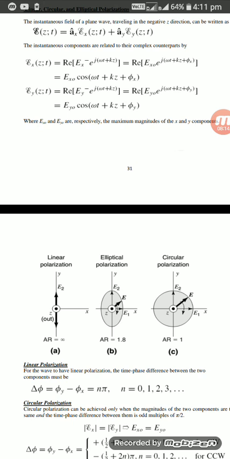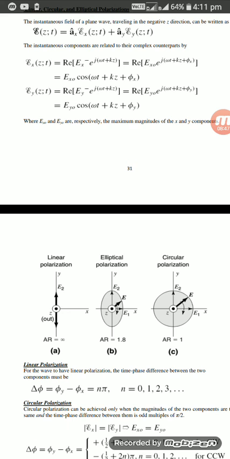For linear polarization we use straight lines, 180 degrees. Okay, next, for elliptical polarization we are using 45 degrees. Next, circular polarization also we are using 45 degrees, but the length of the material is high. Compared to elliptical polarization, the circle: 1.8 is elliptical polarization and AR value 1 is circular polarization.